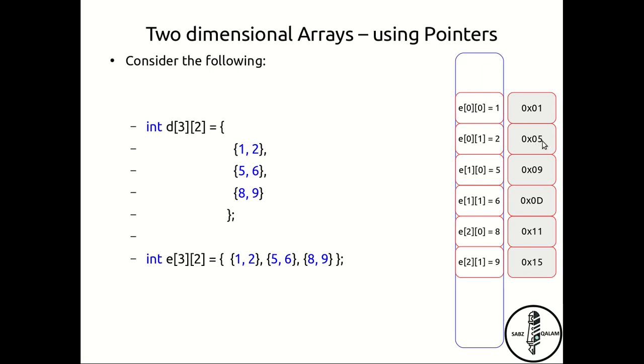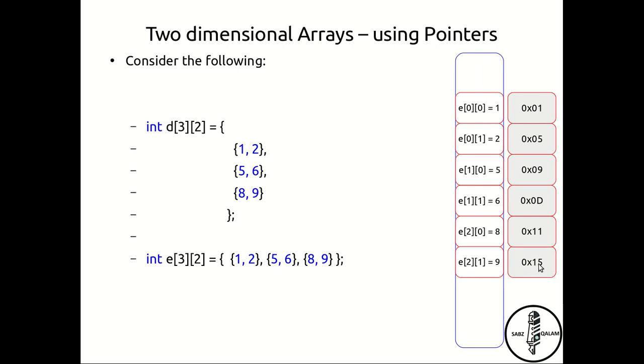The reason for that is it's of type integer, and an integer has 4 bytes. So 1 plus 4 is 5, 5 plus 4 is 9, 9 plus 4 is 13, and in hexadecimal D represents 13. A is 10, B is 11, C is 12, and D is 13. Now 13 plus 4 is 17, and that's equivalent to 0x11, and then plus 4 again is equivalent to 0x15.